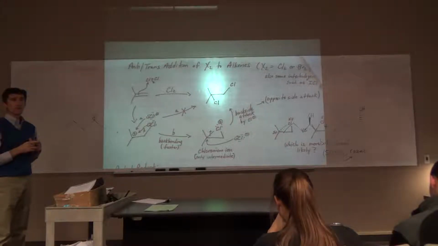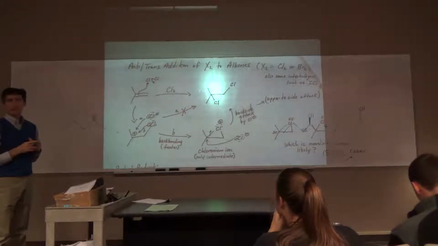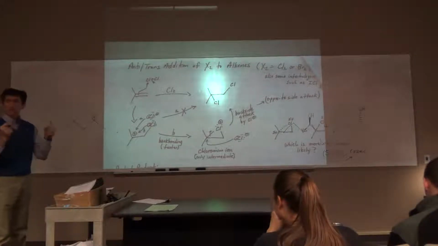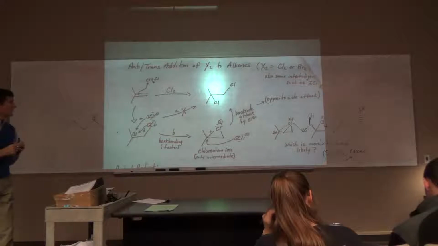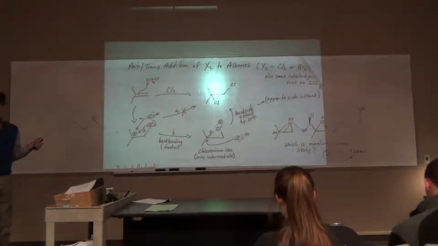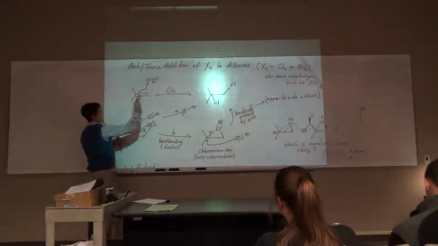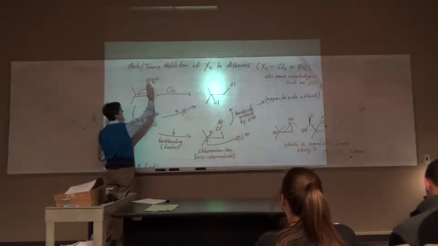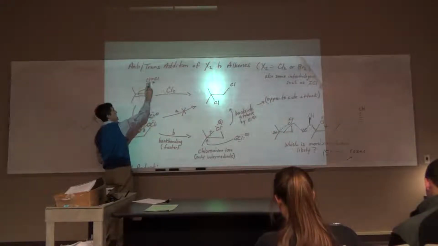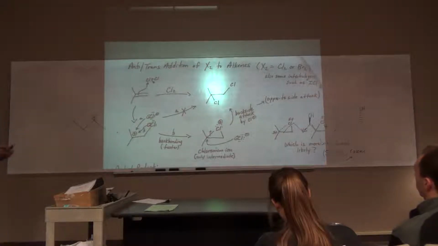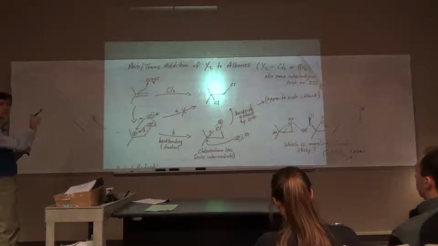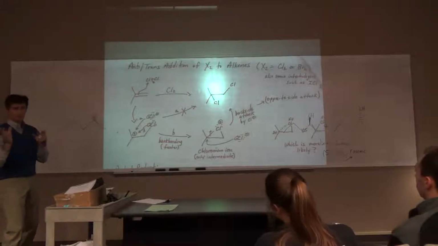When we talk about London forces or van der Waals, that's polarization of molecules by them rubbing into each other. Okay? Well, molecules are always rubbing into each other. This can be rubbing into another chlorine molecule. It can be rubbing into this. It can be rubbing into oxygen, because usually oxygen's around when you're doing reactions. All this rubbing in leads to polarization. Your halogens are very easily polarized.